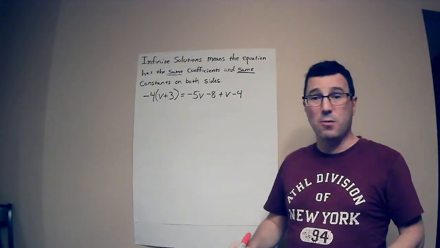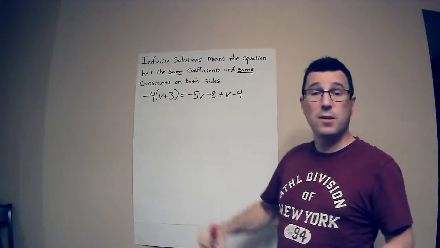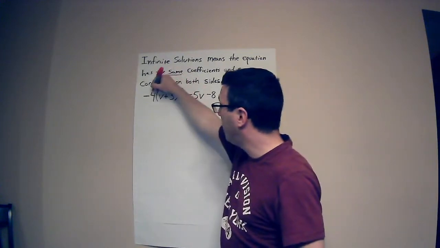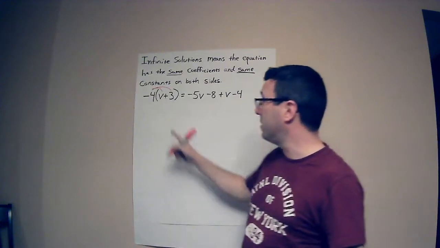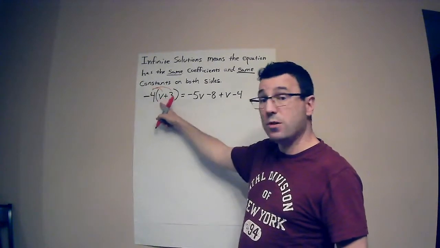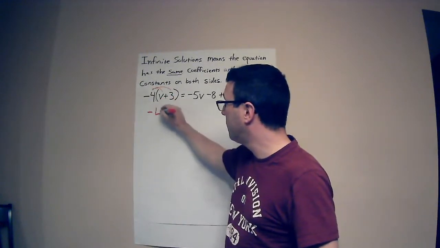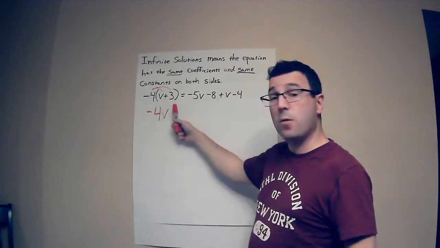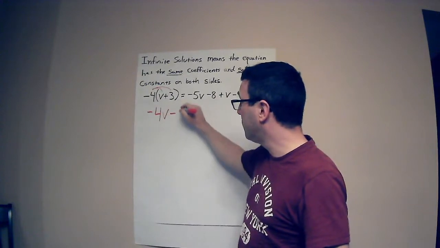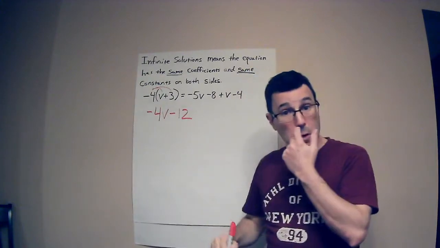First thing I'm going to deal with is the distributive property over here. I'm going to multiply that -4 through the parentheses. -4 times v is -4v. -4 times 3 gives us a -12.